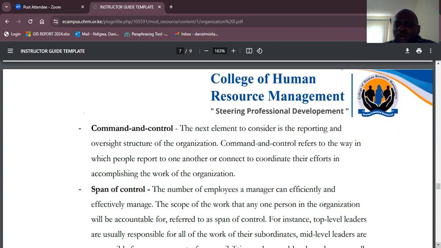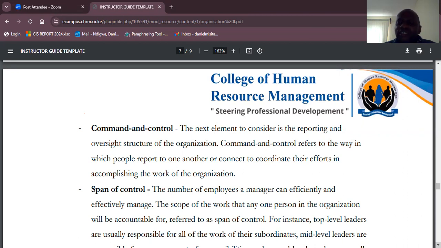So it allows you to understand who you are supposed to report to and at what time. So command is very, very important.